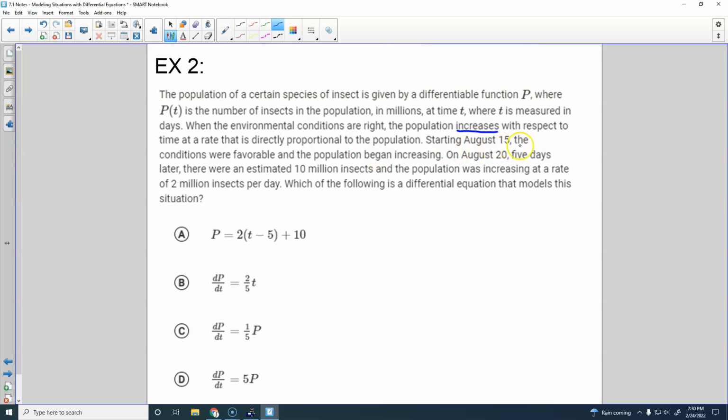Starting August 15th, the conditions were favorable and the population began increasing. On August 20th, 5 days later, there were an estimated 10 million insects and the population was increasing at a rate of 2 million insects per day. Which of the following is a differential equation that models that situation?